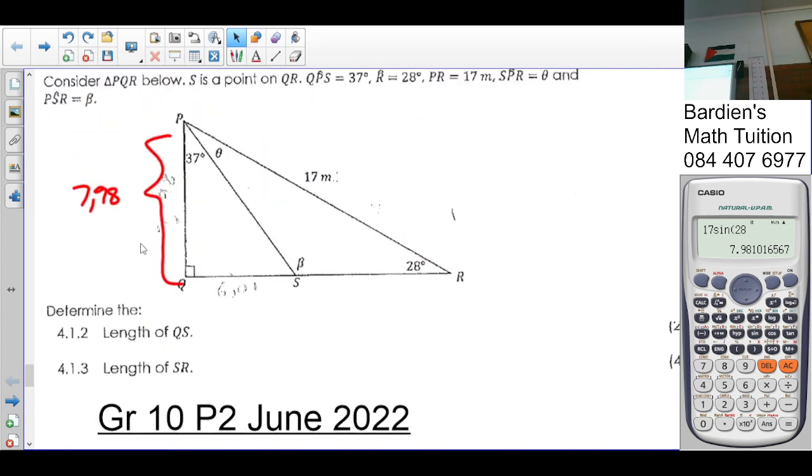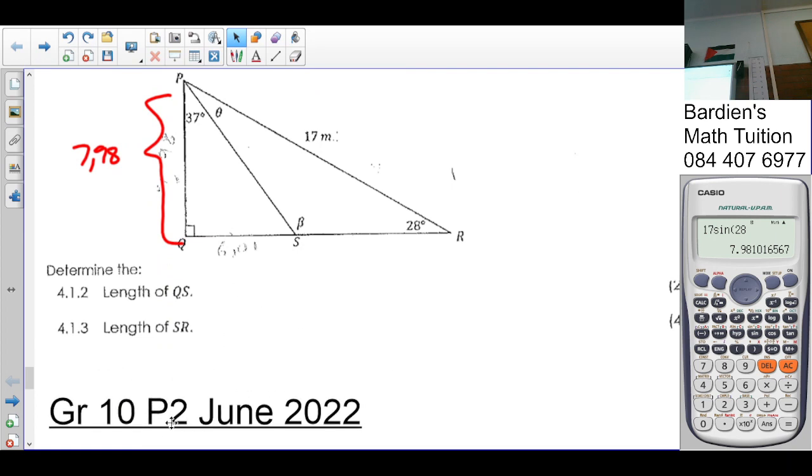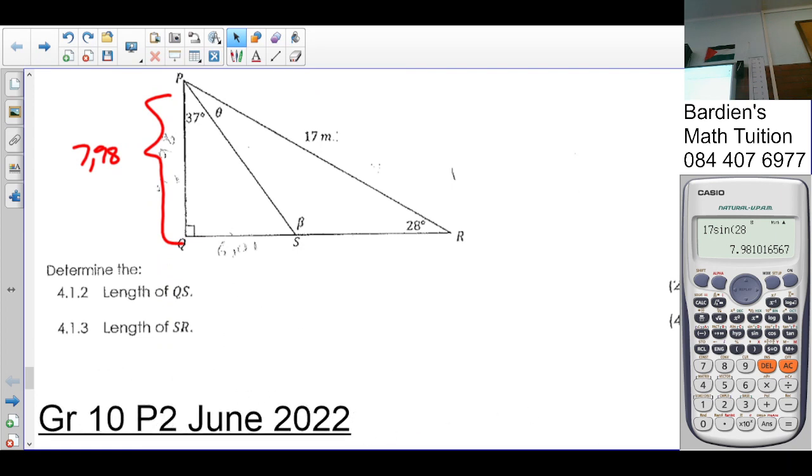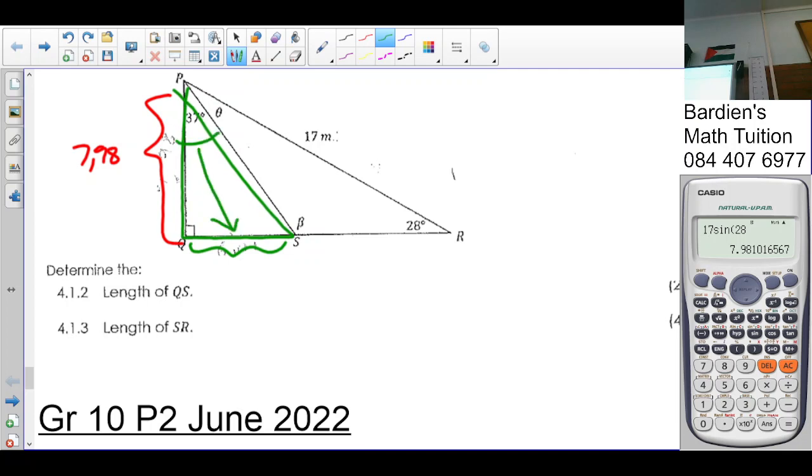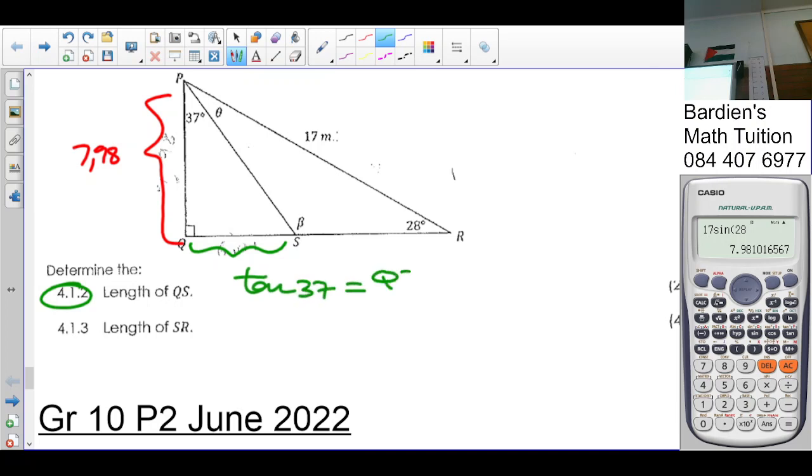Next question says, determine the length of QS. So QS is this length here. We have an angle, the side opposite it, and we have the adjacent. So which trigonometric function is that? Tan. So tan of 37 degrees equals your opposite, which is QS, over your adjacent, which is 7,98.